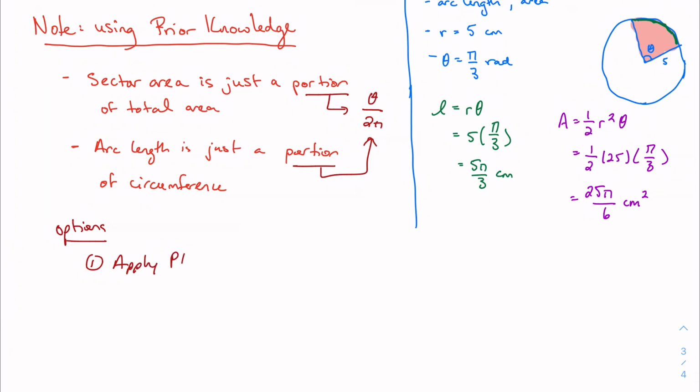I know that my arc length is based on my circumference, but it's some proportion or portion of the circumference. Then I can simplify this myself, and I've derived the formula for myself. No memorization.